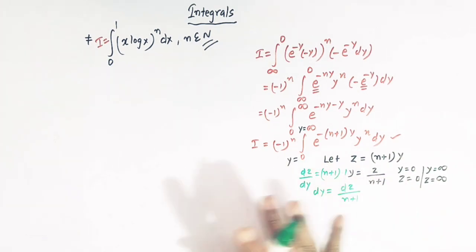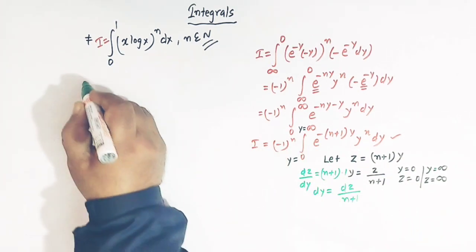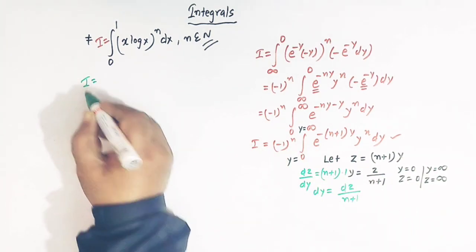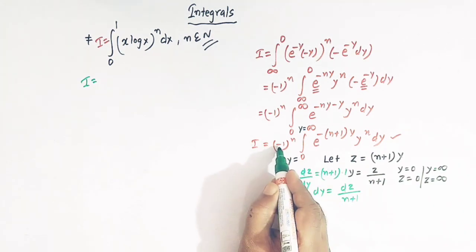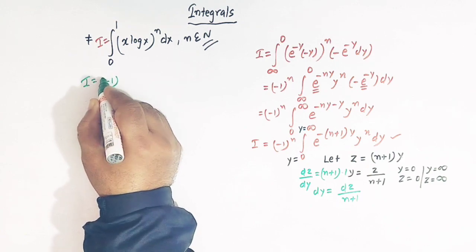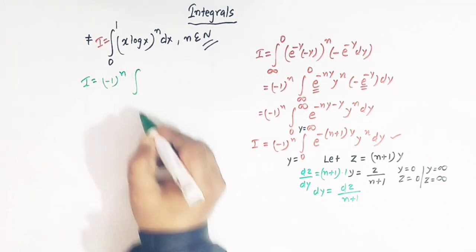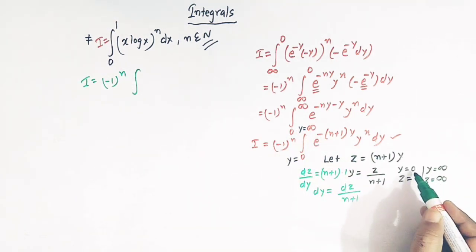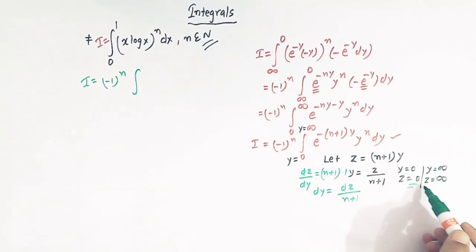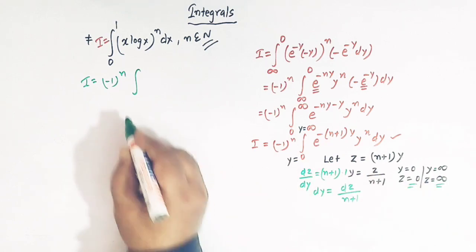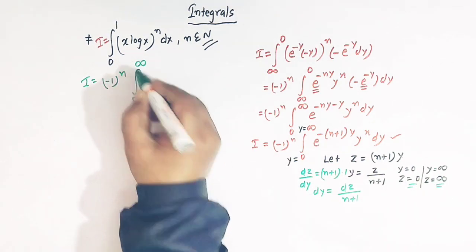So viewers, now let us express this integral I in terms of this new variable z. So here we have minus 1 raised to n, then 0 to infinity, and when we take the variable z, the limits remain the same. So we have 0 to infinity.